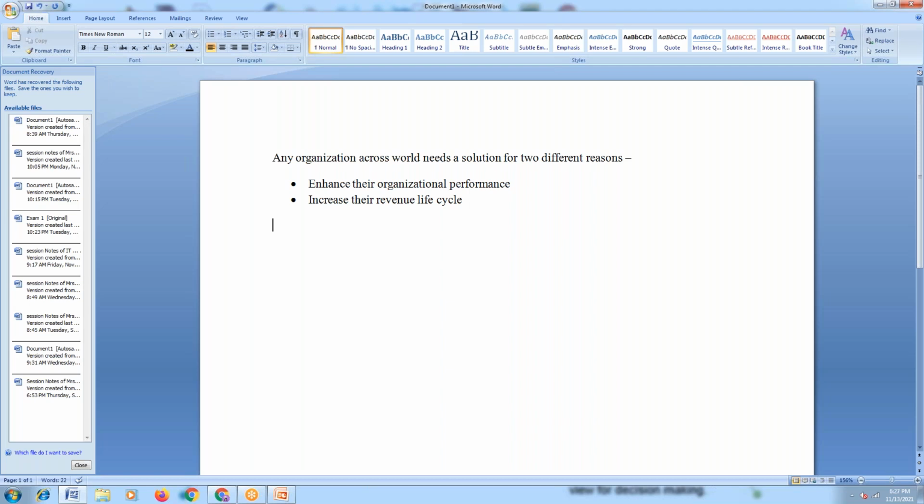Customer is getting revenue. So indirectly, I'm helping my customer to enhance his revenue life cycle. So any organization wants some sort of solution for whatever kind of problem they're having, for two different reasons: either they want to increase their organizational performance or increase their revenue cycle.